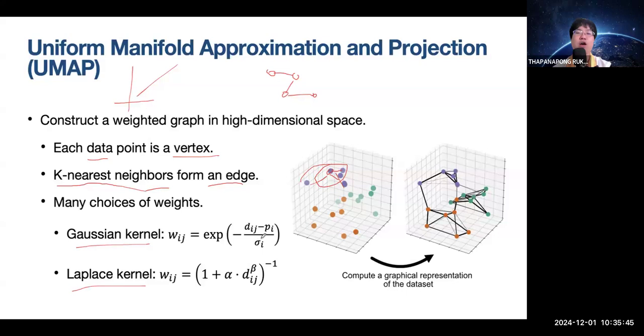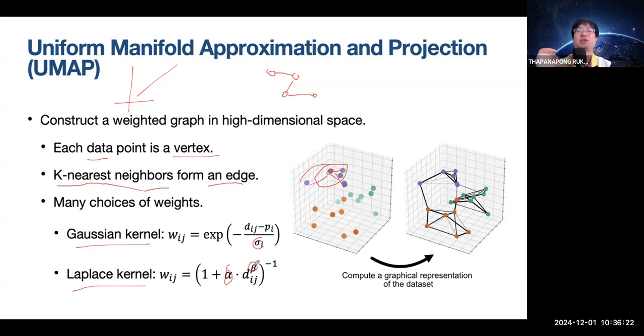So for Gaussian, you have one parameter. For Laplacian kernel, you have two parameters. And basically, you want to try as many kernels as you can, because for UMAP, there is no analytical way to pick, okay, this data uses Gaussian, this data uses Laplace. There's no correlation.